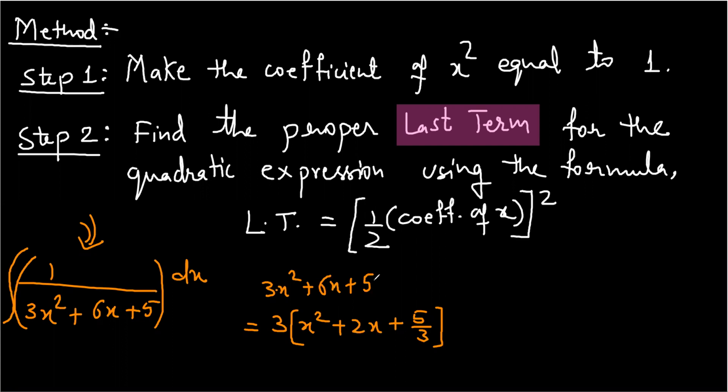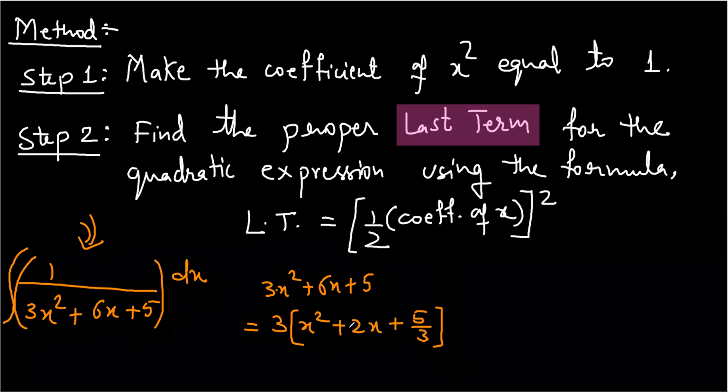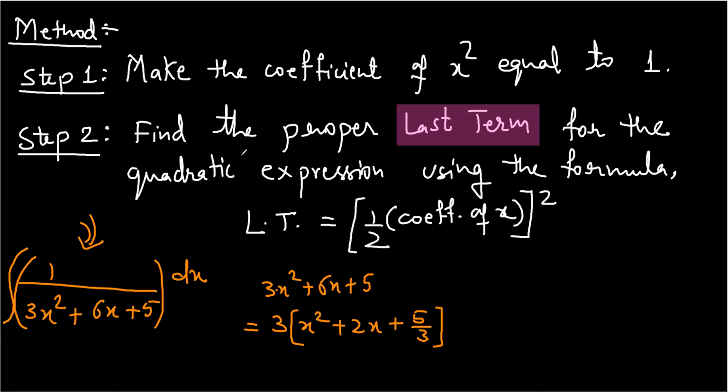There is no common factor 3 in the last term, so you get 3 in the denominator, 5 by 3. Very good. This is what I meant by make the coefficient of x square equal to 1. The next step, after making the x square coefficient 1, is finding the proper last term.